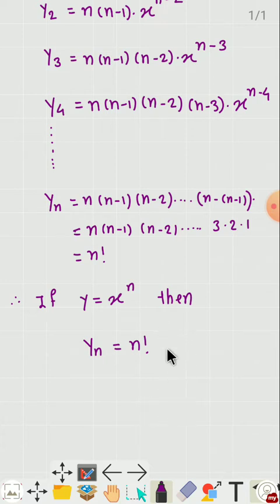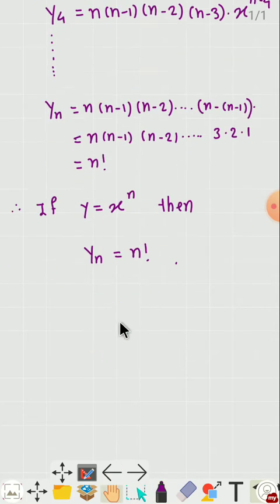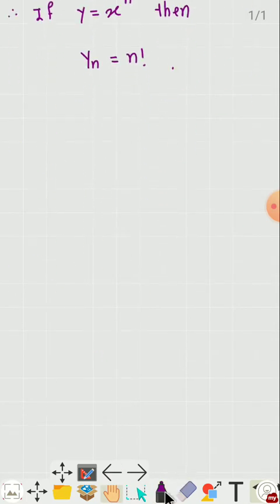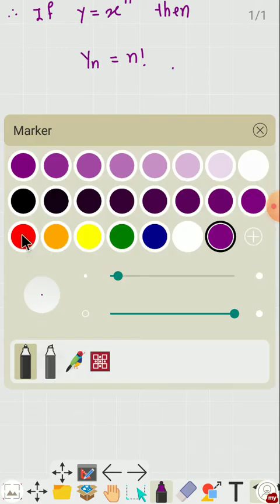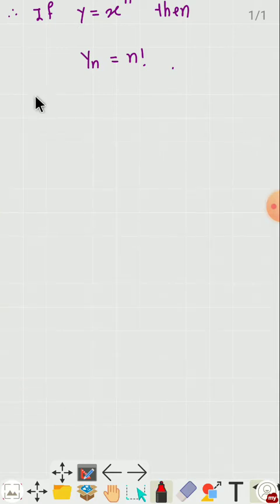Let us go to the next result. The second standard function is y equal to e raised to the power x. Let us try to find its nth derivative. y1, the first order derivative, is e raised to x.